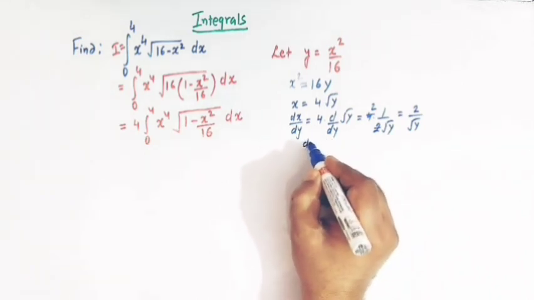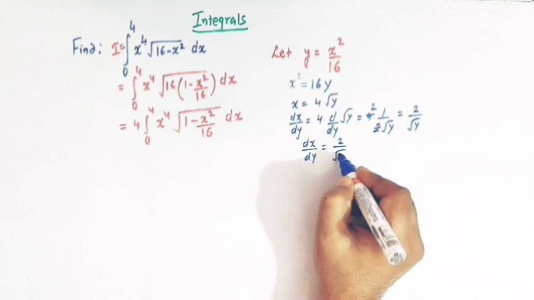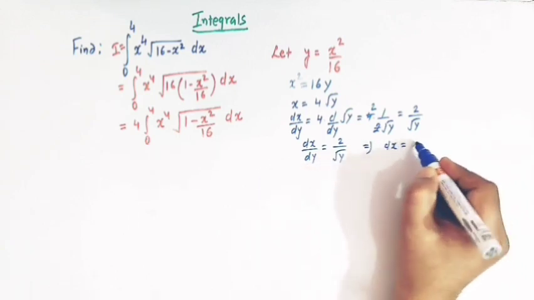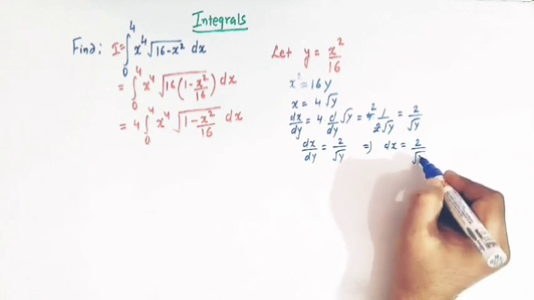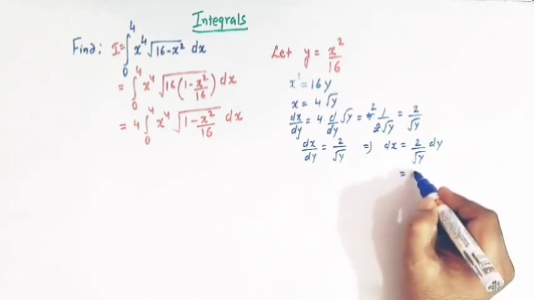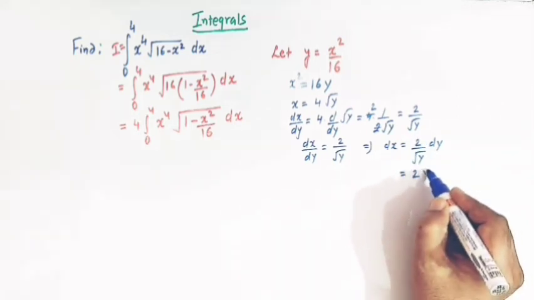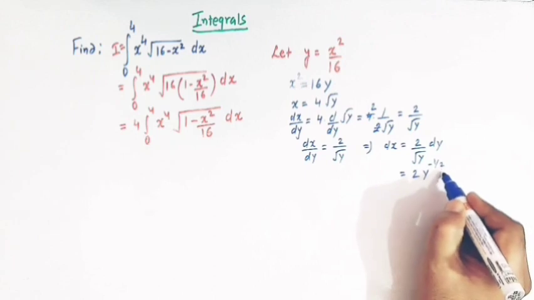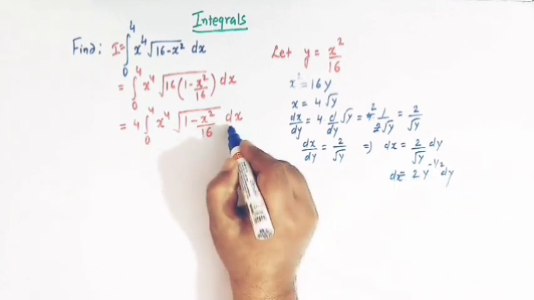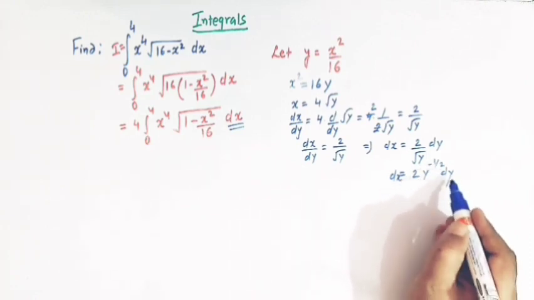So now we have dx over dy is equal to 2 over square root of y. So now we can write dx is equal to 2 over square root of y dy, or in other words we can also write it like this: 2 times y raised to minus half dy, right? So for this dx we have 2 times y raised to minus half dy.